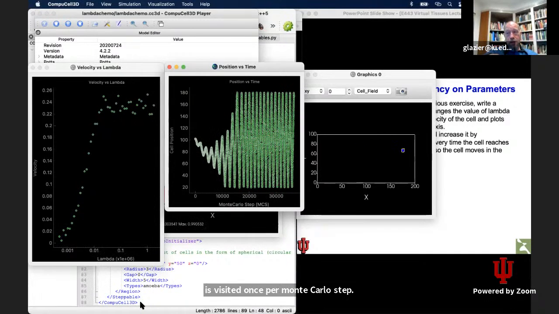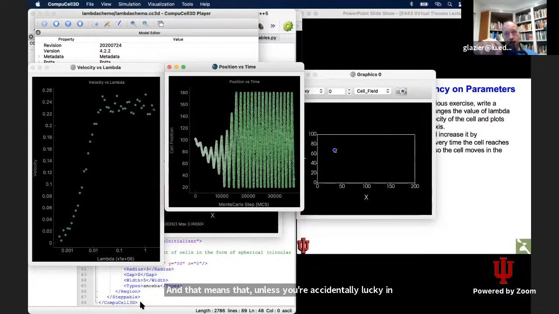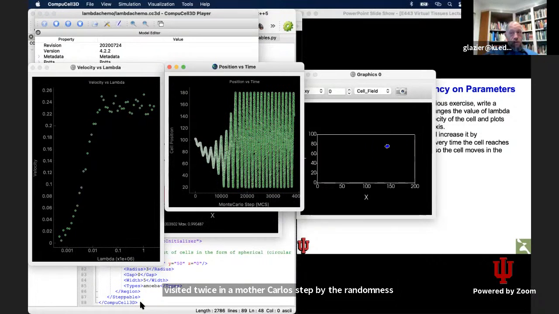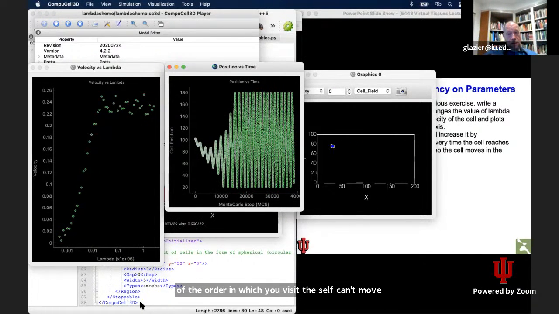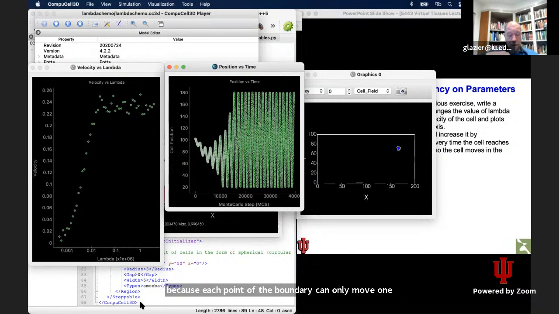And that means that unless you're accidentally lucky and the same position of the boundary of the cell is visited twice in a Monte Carlo step by the randomness of the order in which you visit, the cell can't move more than 1 pixel per Monte Carlo step, because each point of the boundary can only move 1 pixel per Monte Carlo step.